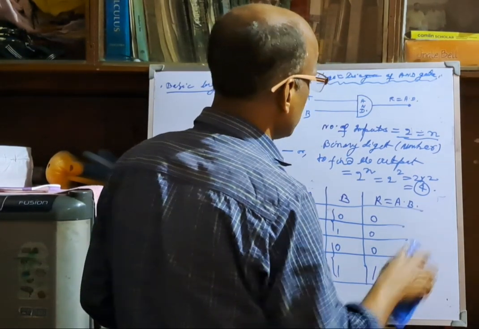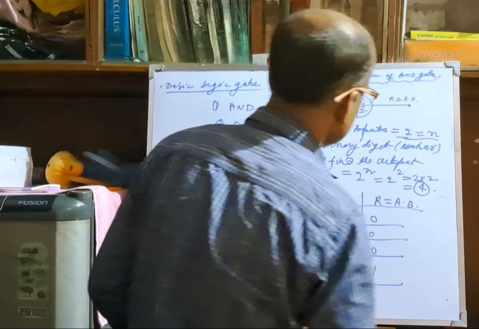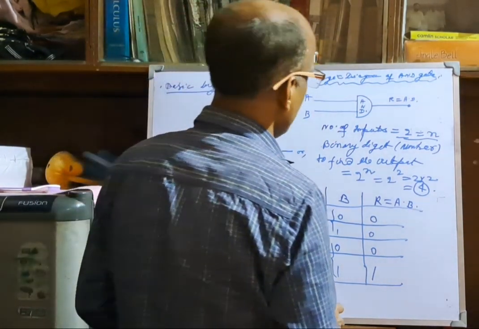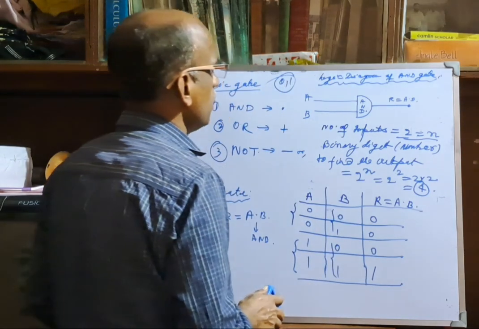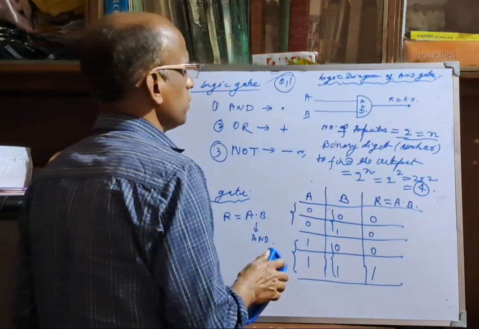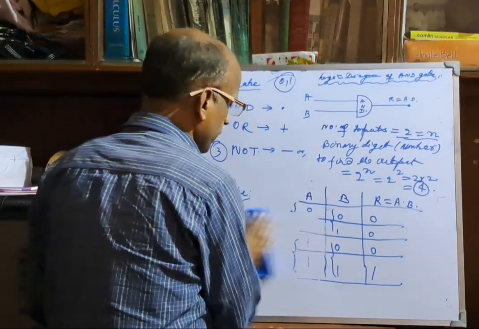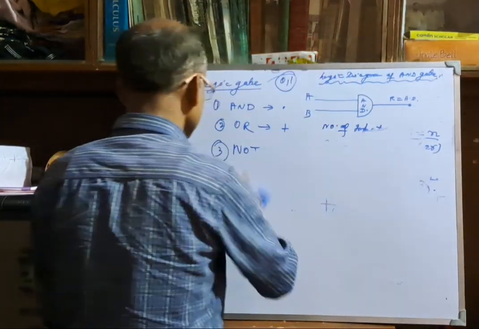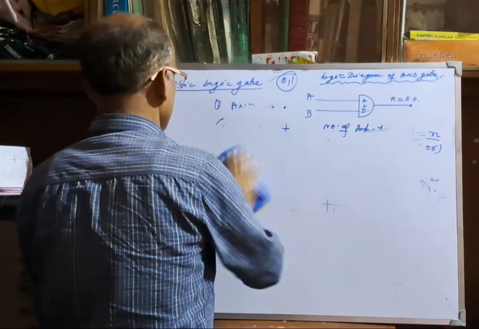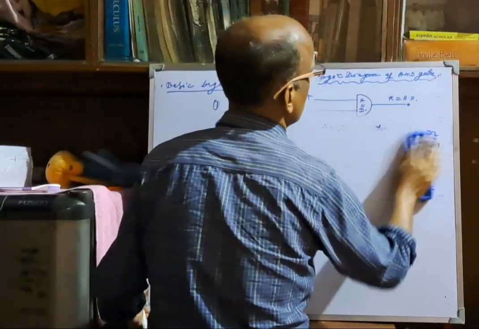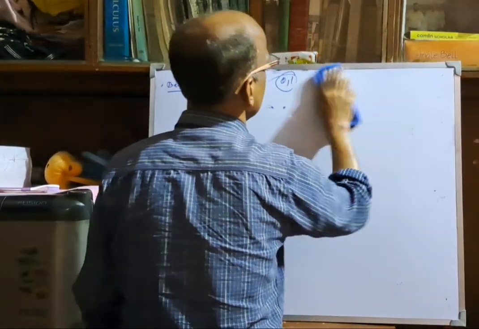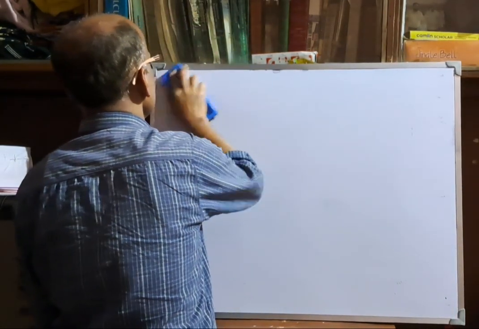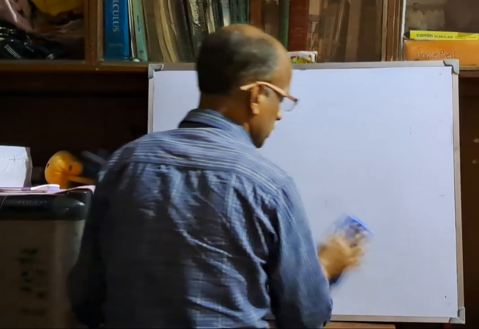In this way you can use this formula generally for defining the output when the inputs are given. This is very easy, but you have to be very careful, otherwise you cannot understand.